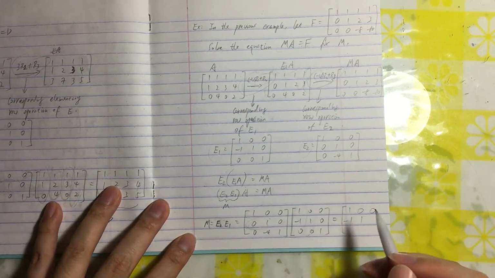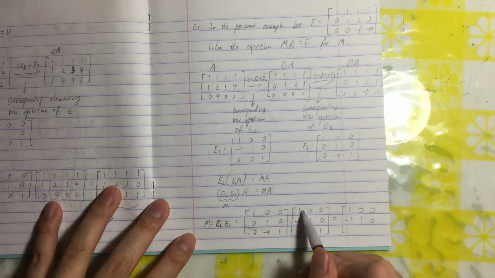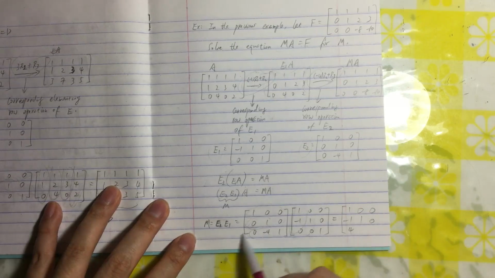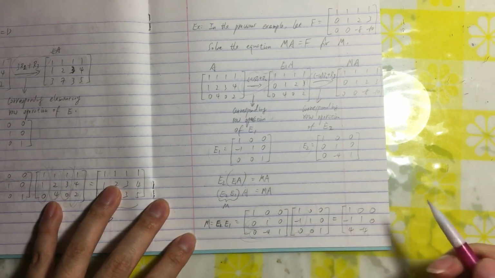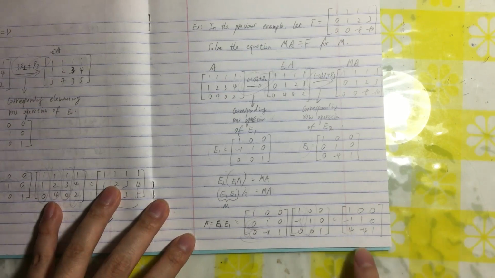Row times column, I get 0. Next, row times column, I get positive 4. Next, I get negative 4. Next, I get positive 1. So this is matrix M. That's how we solve for M.